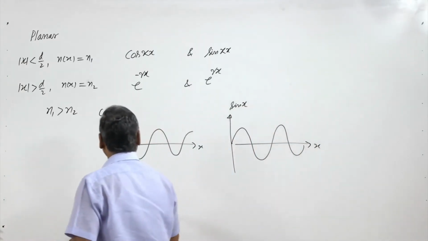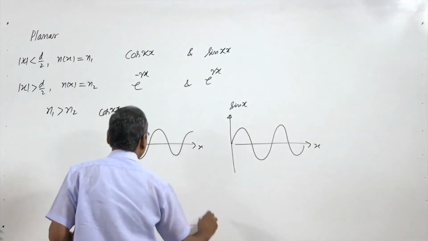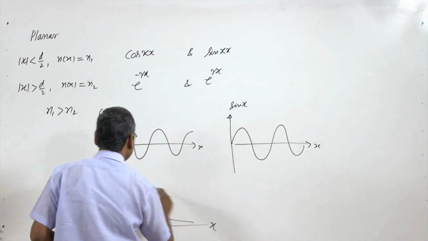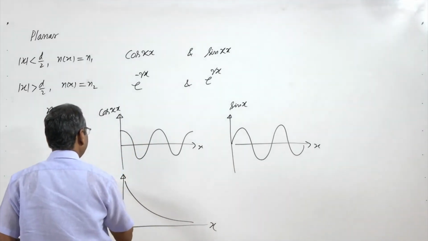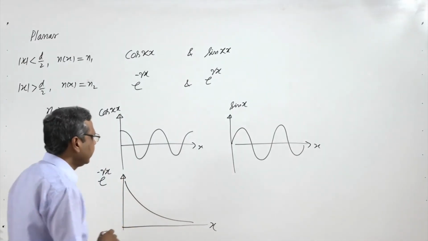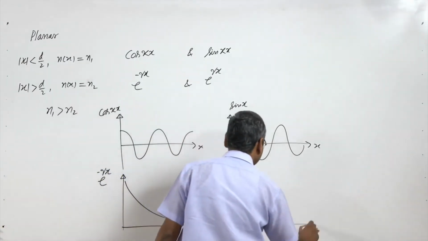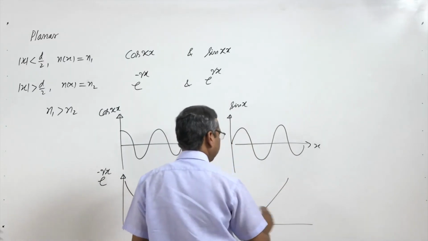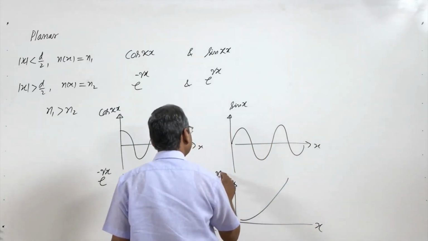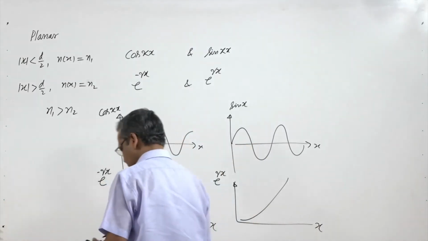Similarly, if there is a function like this, then I define it as exponentially decaying, and a function which goes like this I define as exponentially amplifying function.